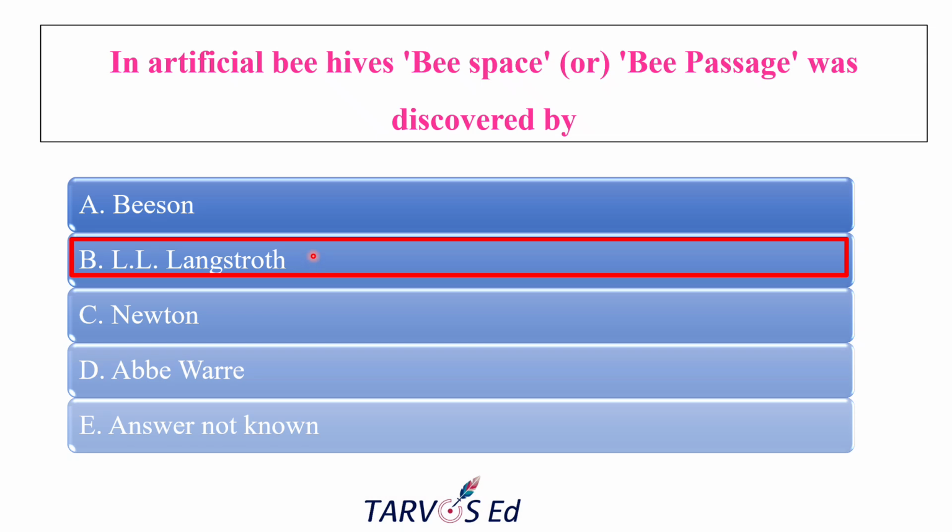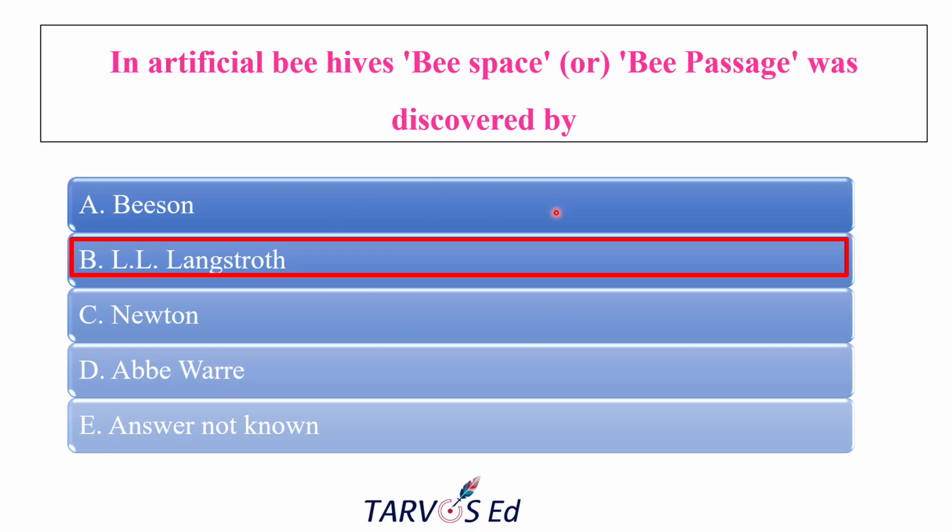Okay, and while inspecting the hive, he noticed bees left only a very small gap around the comb. So he standardized the space. He used the principle to invent the Langstroth mobile frame hive in 1852. So this was the breakthrough, because before that beekeepers had to destroy the complete colony in order to harvest the honey.